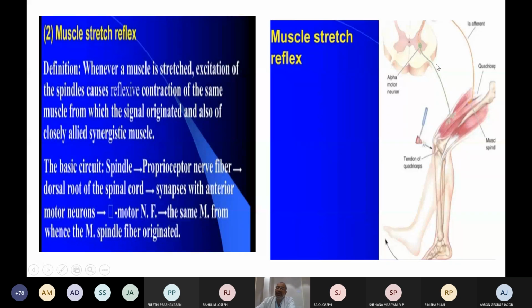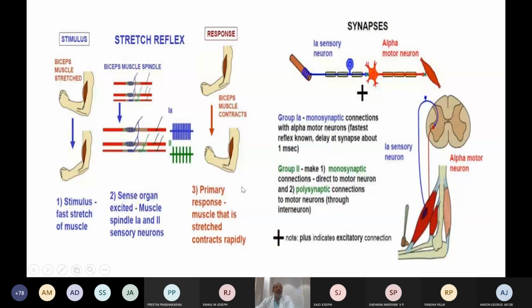The muscle spindle is stimulated, information is carried through the afferent nerve, from there to the efferent nerve, and back to the same muscle. So what is happening? The quadriceps femoris contracts and there is extension of the leg.